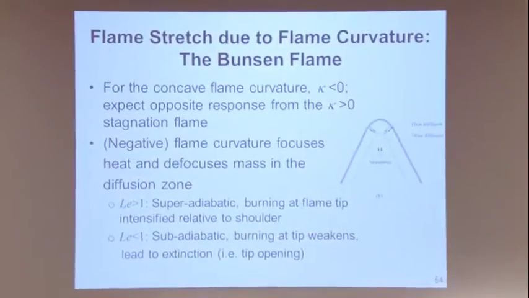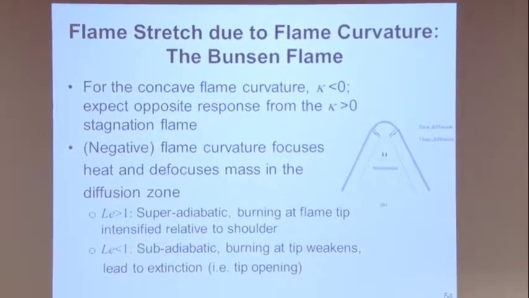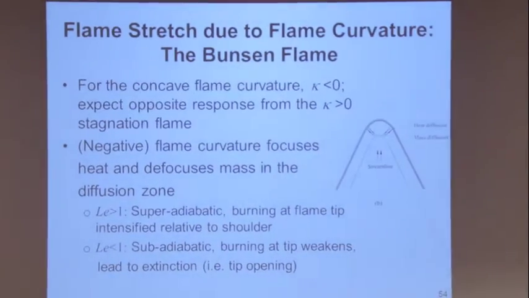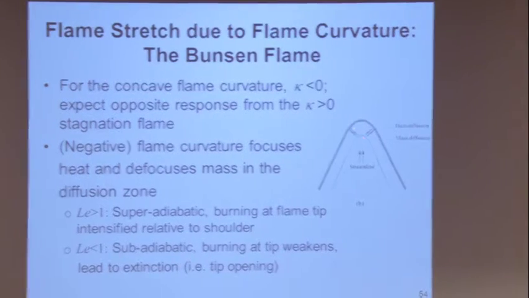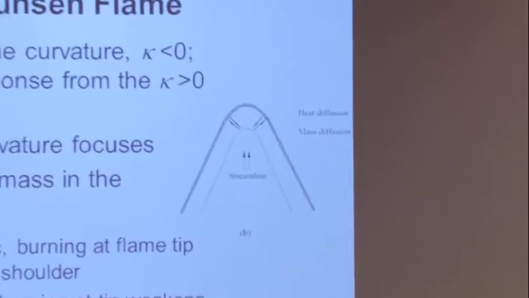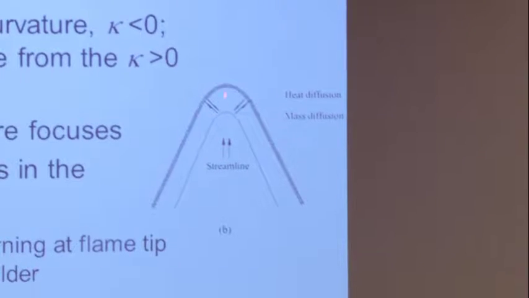Now, let me give you the other example, a Bunsen flame. Okay? Bunsen flame, what happens? If you look at this guy here, you see that gets here, and then there's a curvature here. Now, the heat and mass would go normal to the flame curvature.